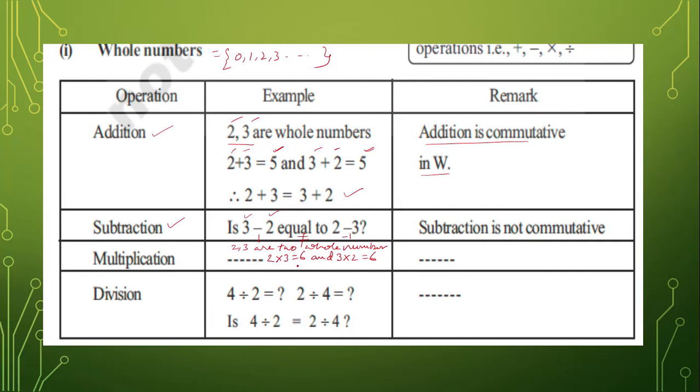That means finally we can say 2 into 3 is equal to 3 into 2. Here you observe the order is changed for the two numbers. In the first instance it is 2 into 3, in the second instance it is 3 into 2. In both cases we get the same result, that is 6. Hence we can say multiplication is commutative. Simply you can write here, multiplication is commutative.